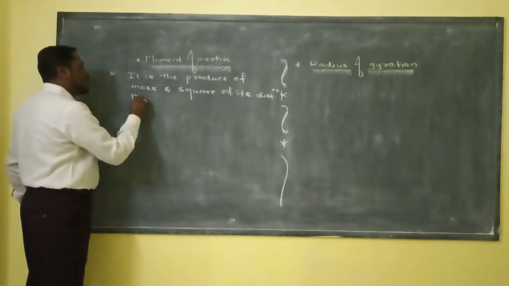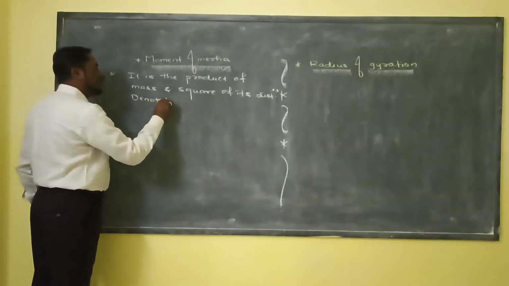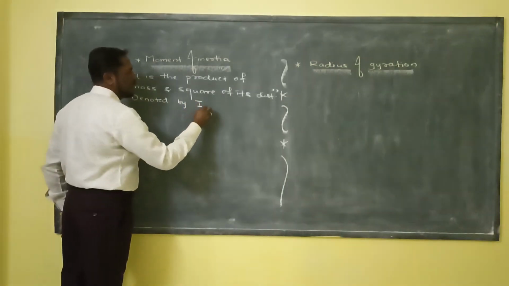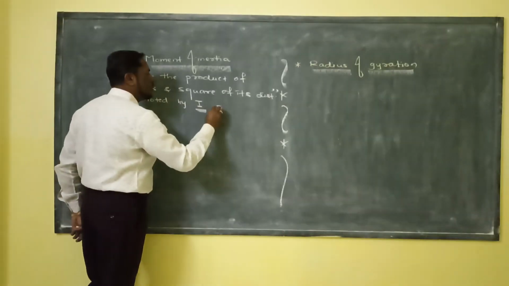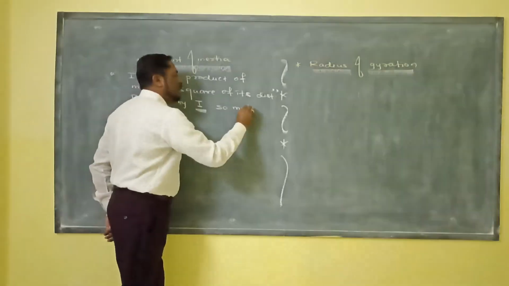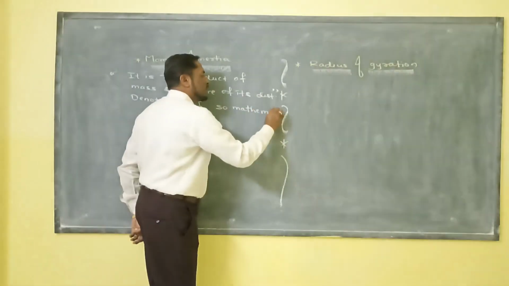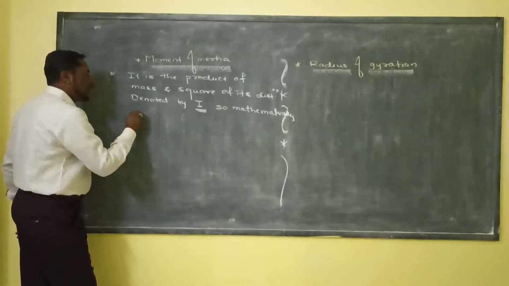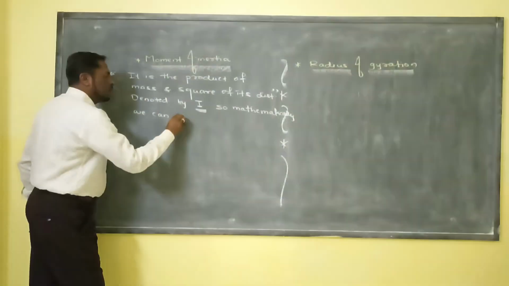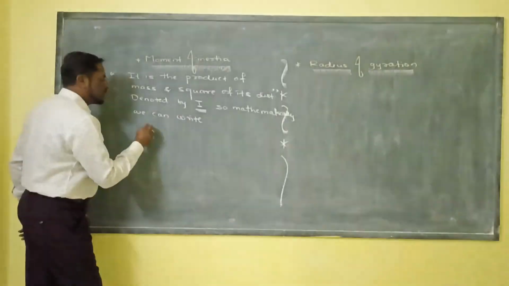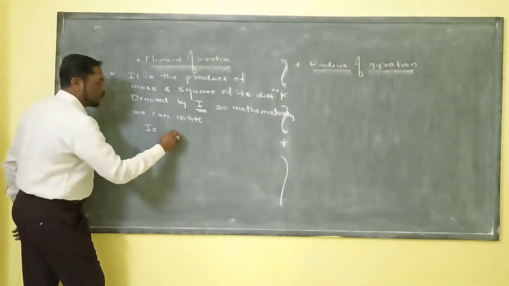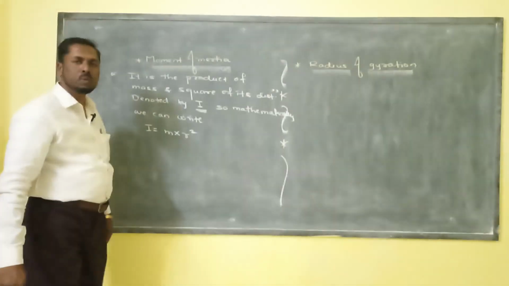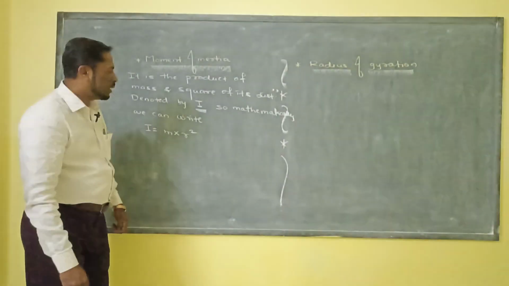It is denoted by I. Mathematically, we can write I is equal to m r square.